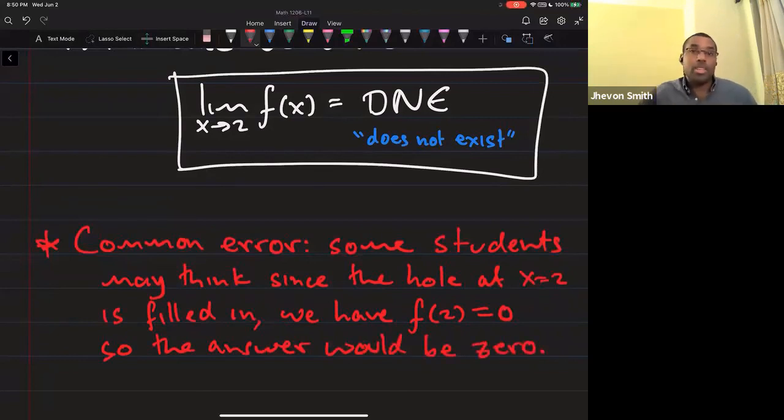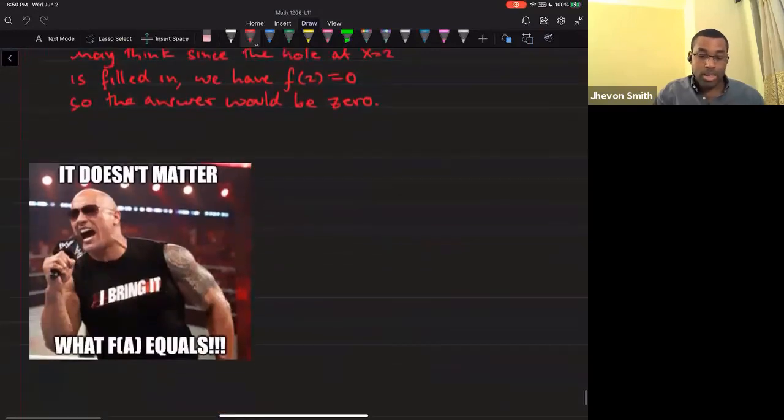But this is wrong. This comes from the idea that, oh, me taking the limit is equivalent to plugging in. If it was equivalent to plugging in, then the answer would be 0 unambiguously, but it's not equivalent to plugging in. It actually doesn't matter what the value of your function is at the point that you're looking at, right? It doesn't matter what your f equals, right?